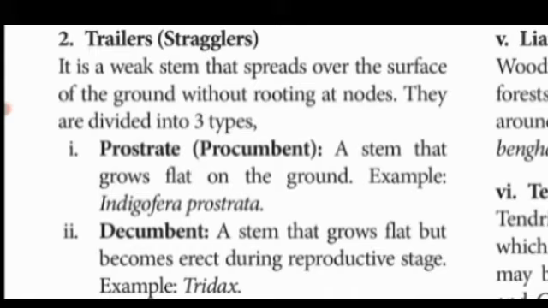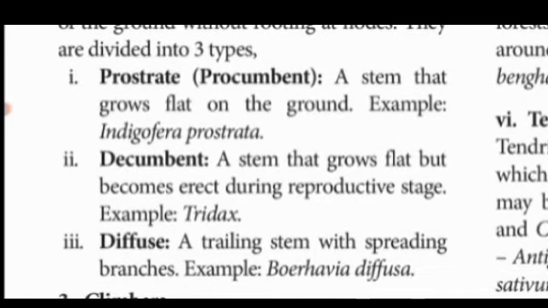They have no adventitious roots at each node. So they are spread over the ground. They are of three types: prostrate, decumbent, and diffuse.